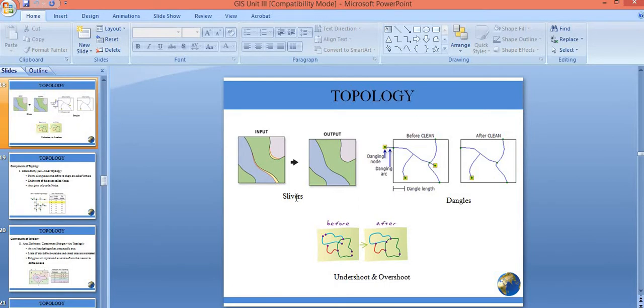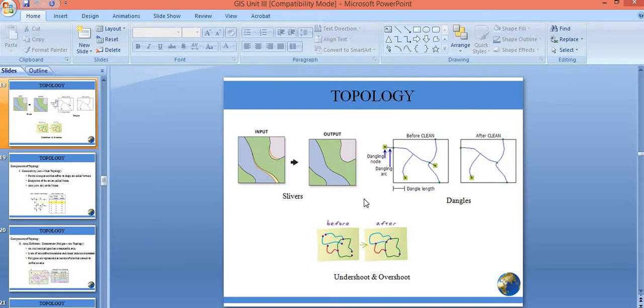Slivers, you can eliminate them. Slivers, as everyone knows, are small polygons that get generated in our spatial data. So once you go with topology, these slivers will be eliminated. And similarly, dangling nodes will also be eliminated.